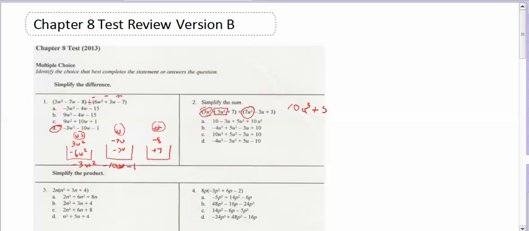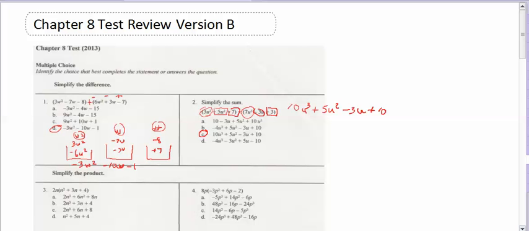And then I just have -3u. And then right here a 3 and a 7, which is a 10. So I look for 10u to the third plus 5u to the second minus 3u plus 10. So it's letter C.